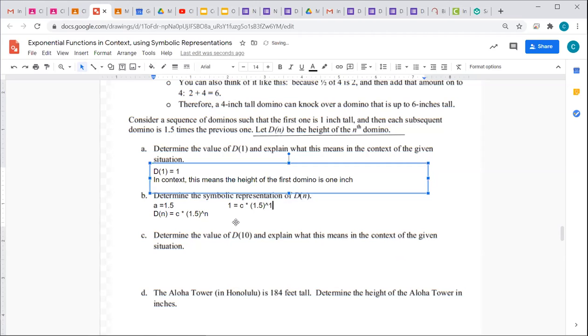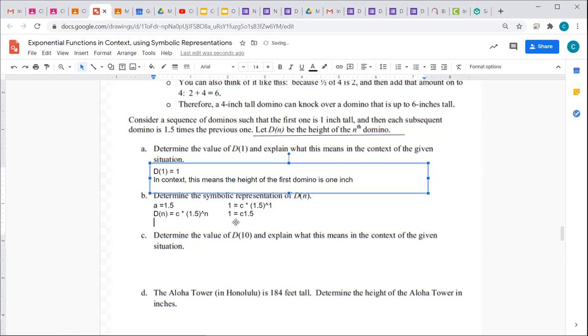Well, anything to the power of 1 is just the same number. So c times 1.5. And with variables, if you write nothing, that means times in between the number and the variable. So I divide by 1.5.